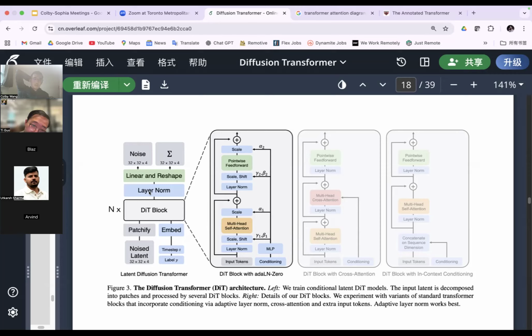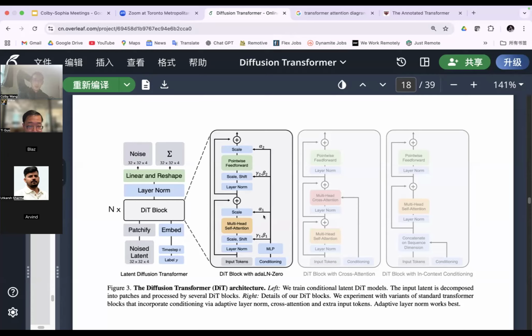Then we noise it and get the noised latent, which is already very noisy. In the reverse process, we are trying to denoise this image, so we want to figure out how much noise was added at that step and subtract it.